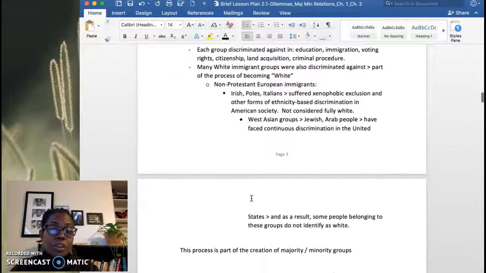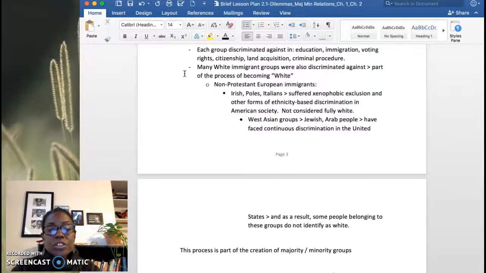Now, it's also important to note that many white immigrant groups were also discriminated against, and we will talk about that a little bit more in our next section when we discuss LeMay and this idea of majority and minority groups and how they're created.